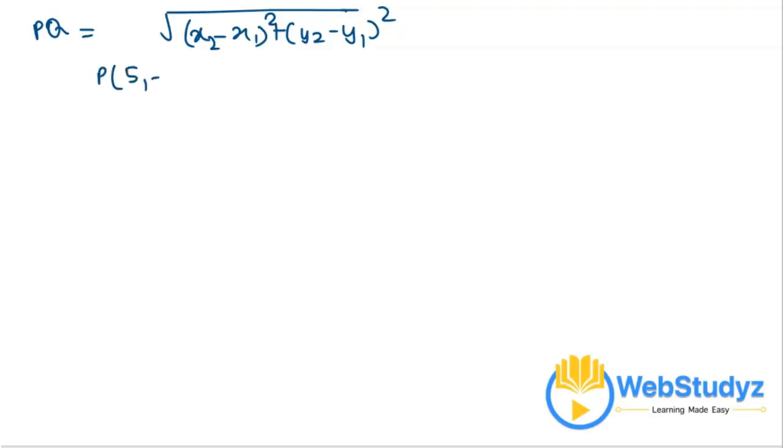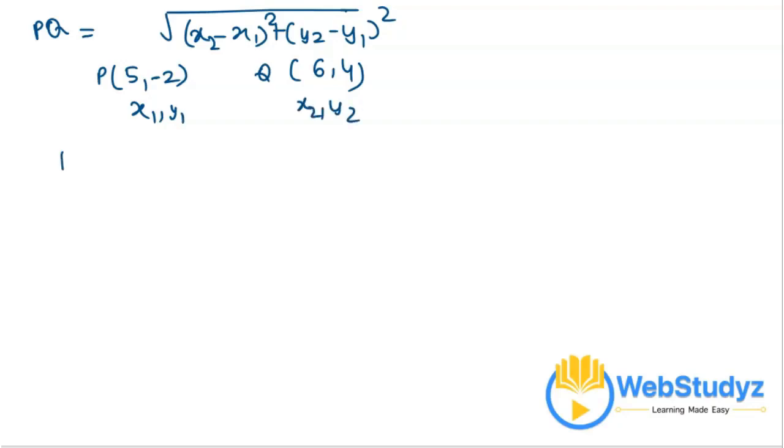let's calculate the distance PQ. The distance PQ is given by the formula, the square root of (x2 minus x1) whole square plus (y2 minus y1) whole square. We have the point P, which is (5, -2), and the point Q, which is (6, 4). Let's say P is (x1, y1) and Q is (x2, y2).